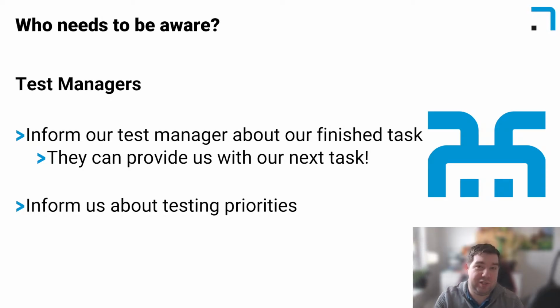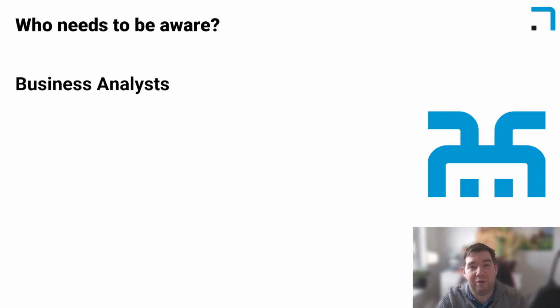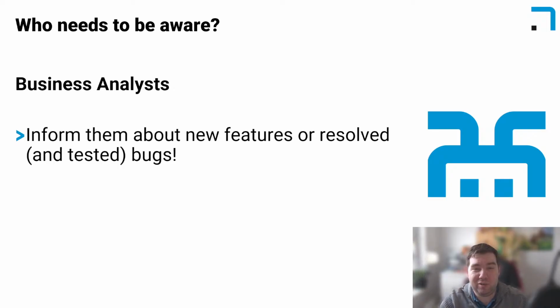But it's not just our test managers we need to keep an eye out on. We also need to look and inform our business analysts. Because our business analysts should hopefully be really excited about any new features, and hopefully also for any resolved bugs that we've found and tested. I think they'd even be happy if we tell them that we found a new bug.